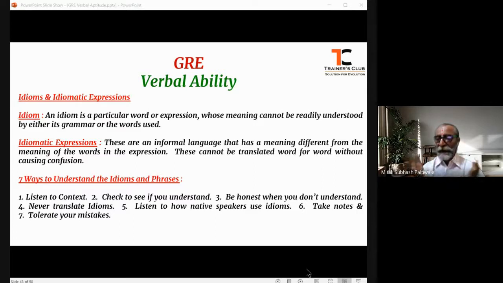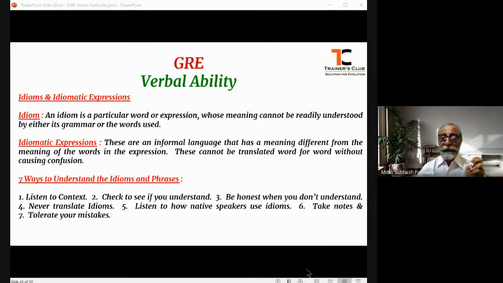That has a different meaning, as I told you earlier. It has a different meaning from the meaning of the words in the expression, in the sense, the exact literal meaning of that particular word in the expression.